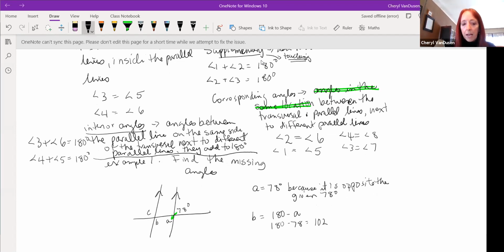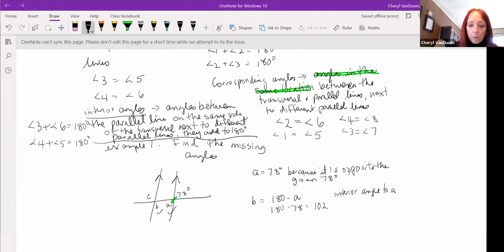And then in terms of reasoning, we just say interior angle to A. Great. Now we've got A answered and we've got B answered. Anyone want to jump in with C? No more calculations have to be done.